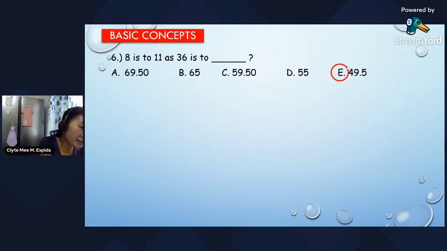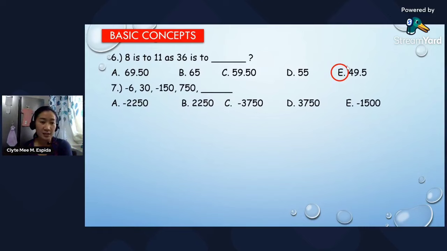So we have here si Sir Ayan Botron. Okay, he has the solution. The correct answer is 49.5. Okay, let's have number 7. I didn't write the solution because I thought this is simple.